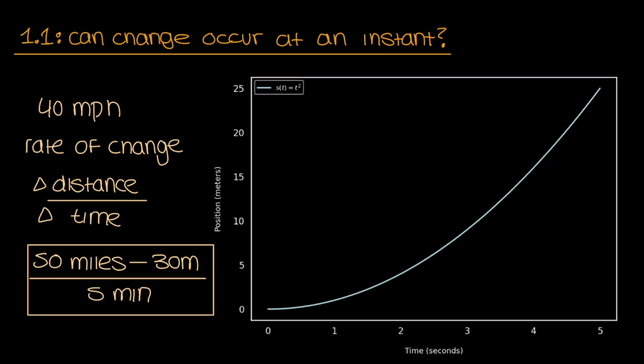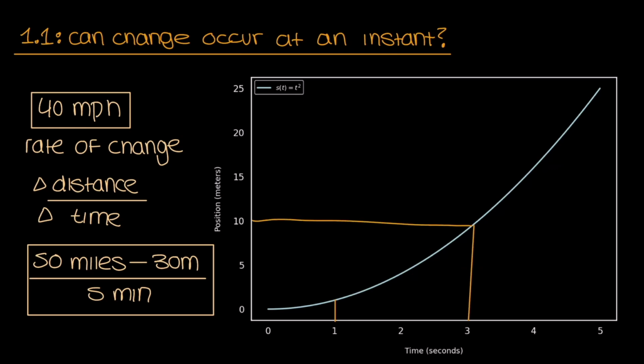But this 40 miles per hour, how am I saying that this is my rate of change at an instant? Well, let's really think about this a little further and what's really going on here. So let's take a really simple example where I have this graph of t squared. Let's say I wanted to compare the rates of change between 1 and 3.